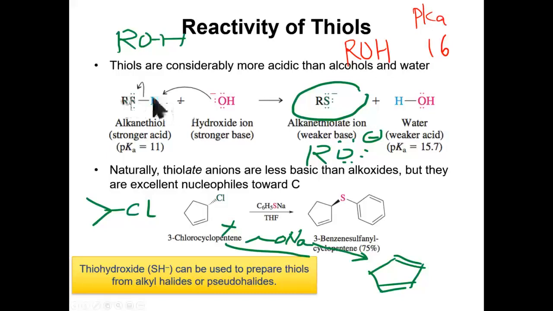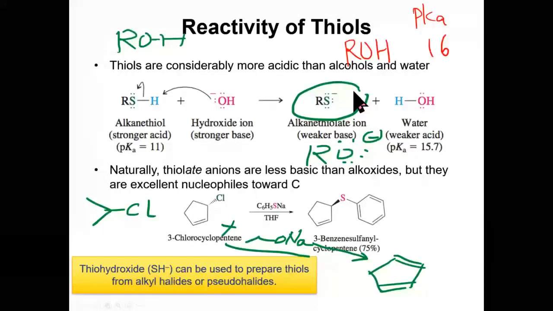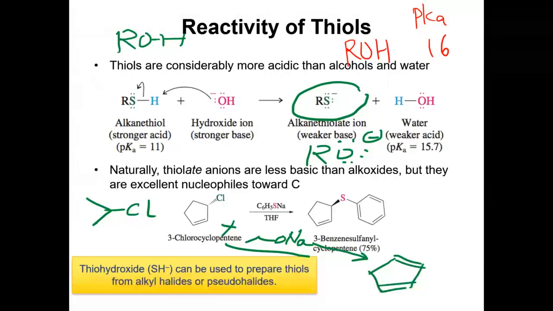That's a major reason: the SH bond is substantially weaker than the OH bond, because S is bigger than O. So the SH bond is longer, so weaker, so easier to break. For this reason, the conjugate base of thiols, which we call thiolate, is a substantially weaker base than alkoxides.